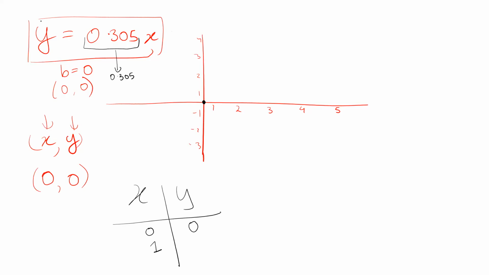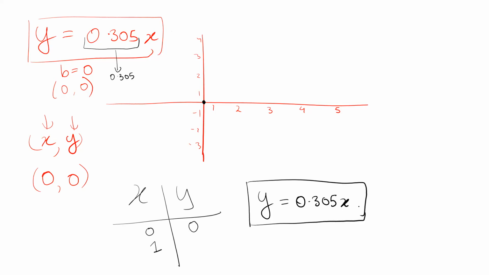Not quite. Look at the equation. y equals 0.305x. This is our equation. So when x equals 1, what is y? 0.305. Exactly. Perfect. Anything times 1 is just that number.